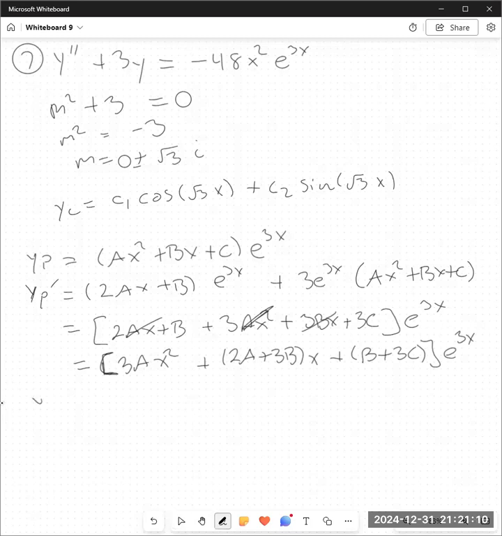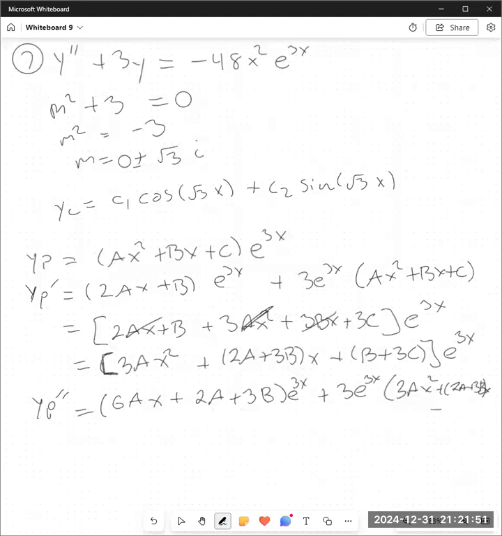So yp double prime is going to be the derivative of the first part, leaving the second part alone: 6ax plus 2a plus 3b, e to the 3x, plus 3e to the 3x times 3ax squared plus 2a plus 3b x plus b plus 3c.